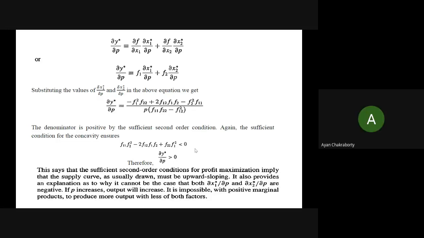Ma'am, is it not quasi-concavity? I am considering the strict inequality.